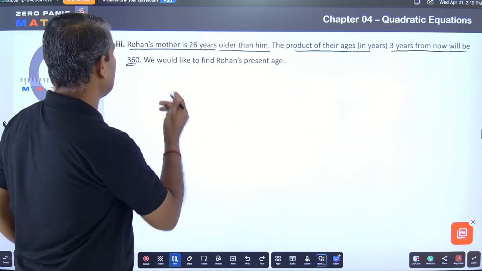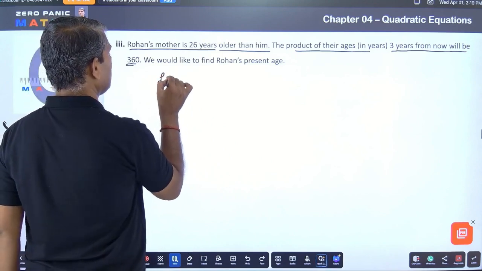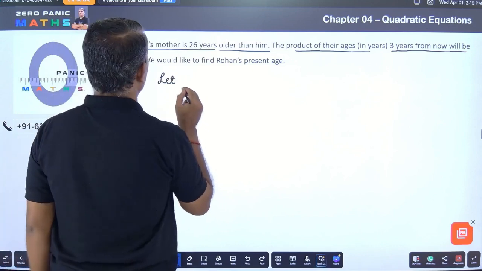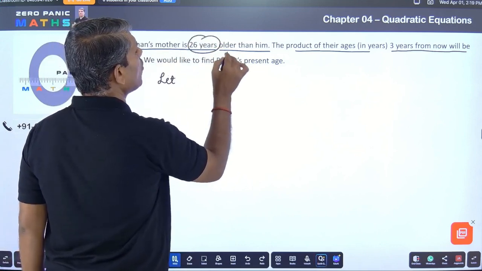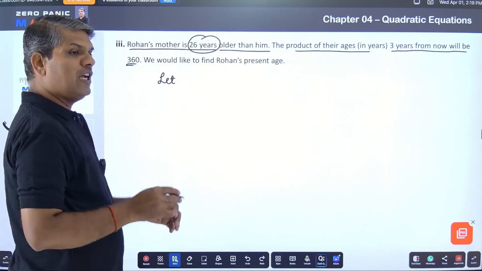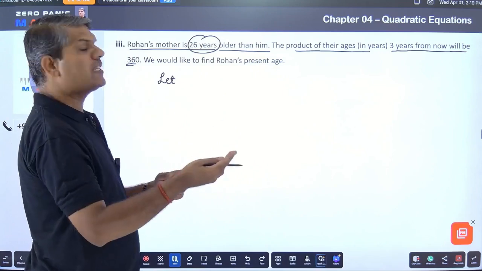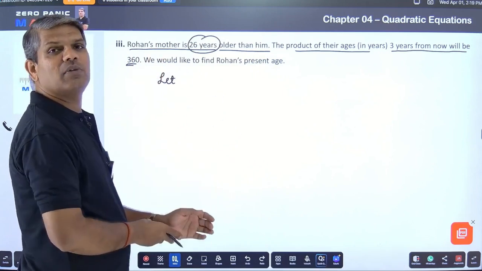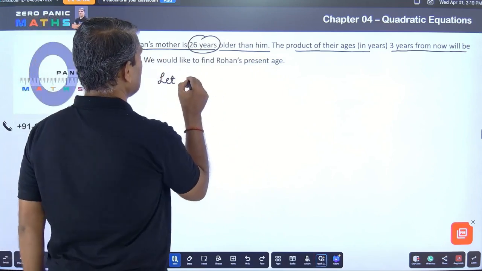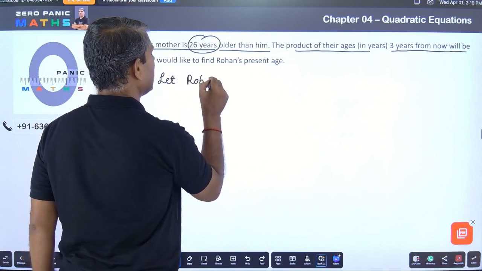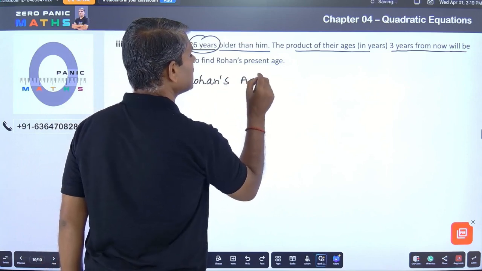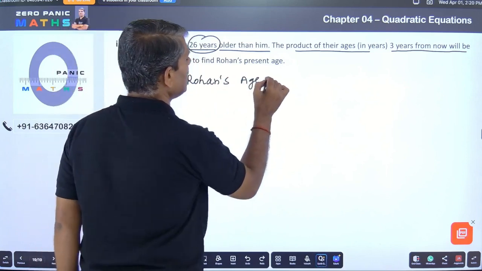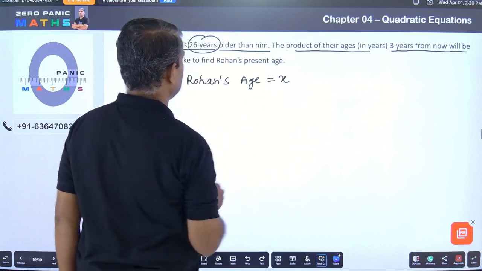Now let Rohan's age be x. Rohan's mother is 26 years older than him, which means Rohan's age plus 26 is the age of his mother. So let Rohan's current, present age be x.